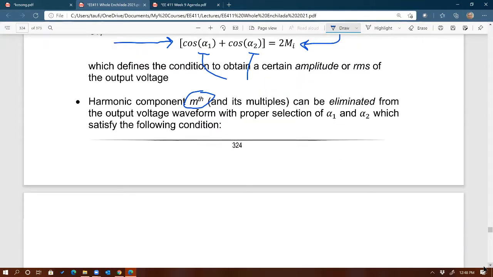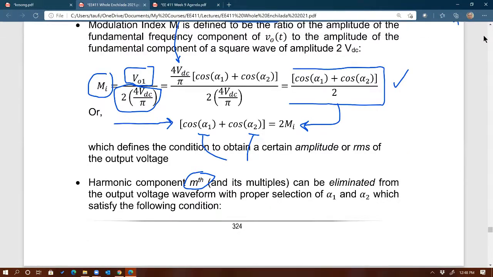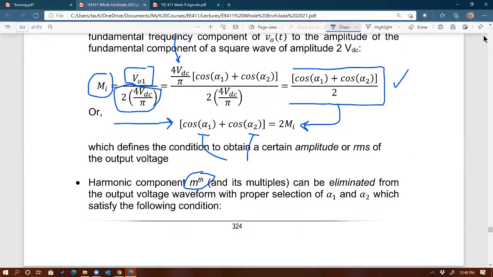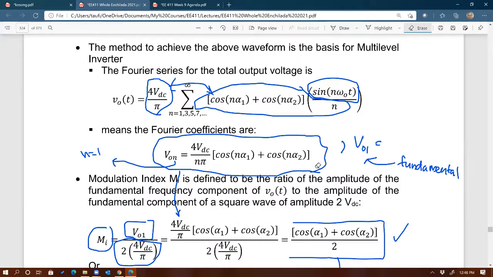Mathematically, that means cosine of m alpha 1 plus cosine of m alpha 2 has to be equal to 0. Why is that? Well, if you go back to this equation right here, let me erase. Again, that's another reason why this equation is important.